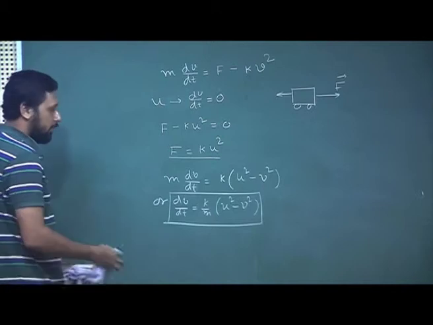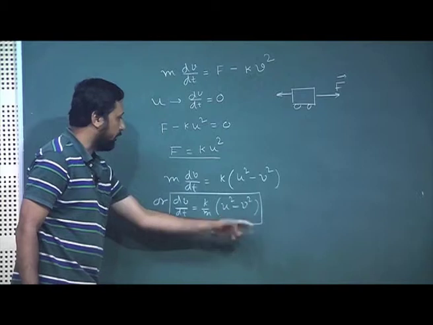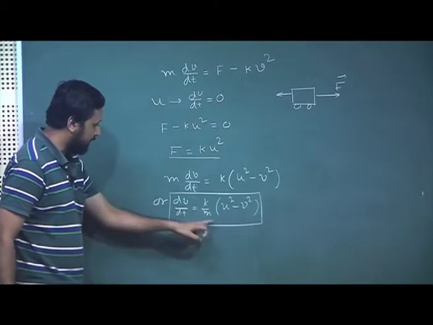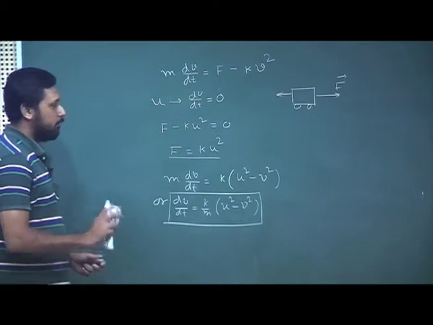So, we got our desired result. This is our acceleration, which is proportional to u square minus v square at all speed v with the proportionality constant k by m. Fine. So, we have solved this problem.